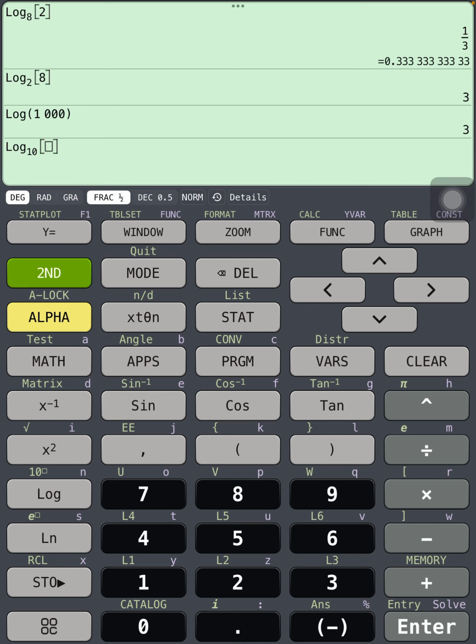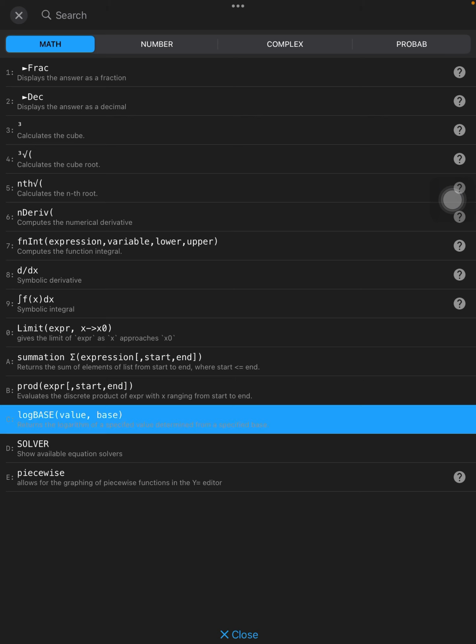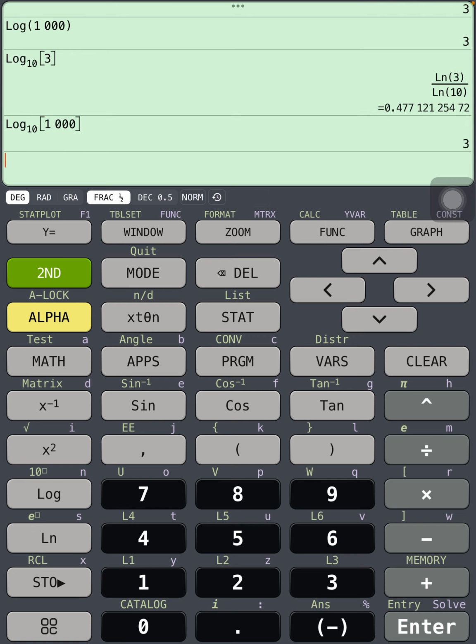We'd put in log base 10 and then 1,000. There we are, 3.